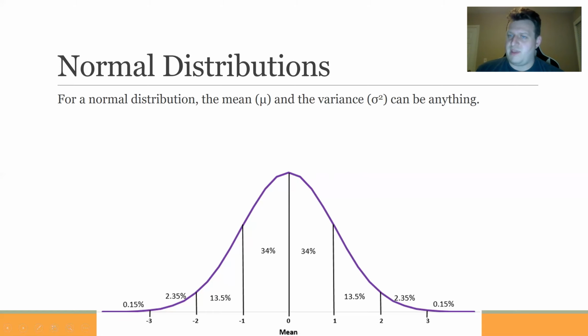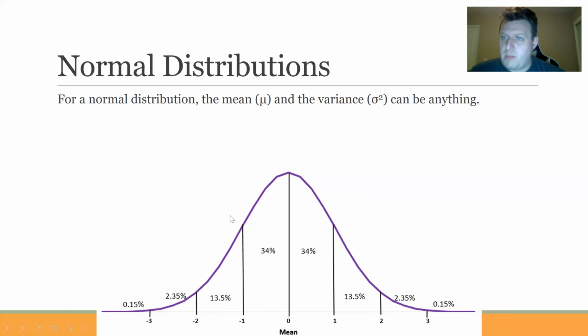Half of the data points are going to be below the mean, half are going to be above the mean. But if I wanted to be sure, I could count 34 plus 13.5 plus 2.35 plus 0.15 in percentages, which would give me 50%. I could use the graph that way.